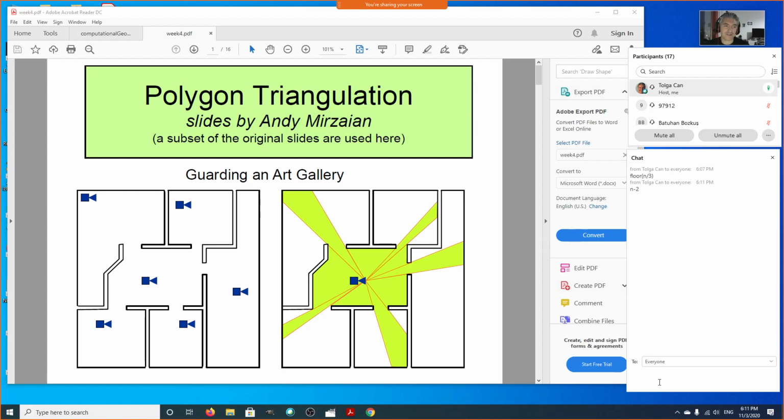It will again give you n-2 cameras, which is not a good upper bound. We will actually be using neighborhoods of triangles to place the cameras in strategic locations to guard the entire gallery with n/3 cameras. Okay, so let's start.